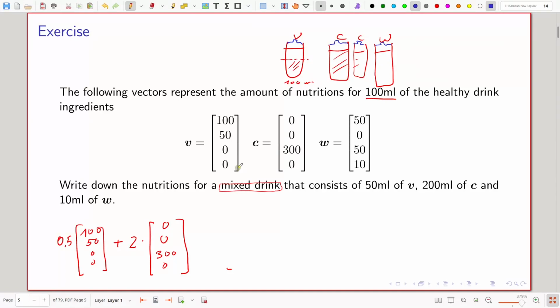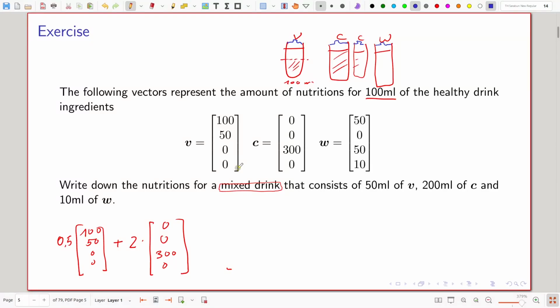These four numbers might be anything, but for example, you can think of the first number as the amount of vitamin C in milligrams in this drink, and the second one is the amount of vitamin A. I don't know, A, B, C, D, E, whatever. If you take half of the bottle, you get 0.5 times these vectors. If you have 2 bottles, you have that.